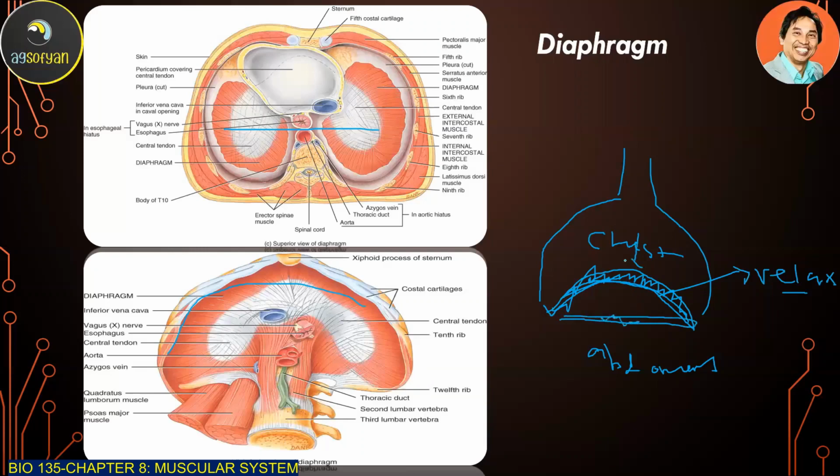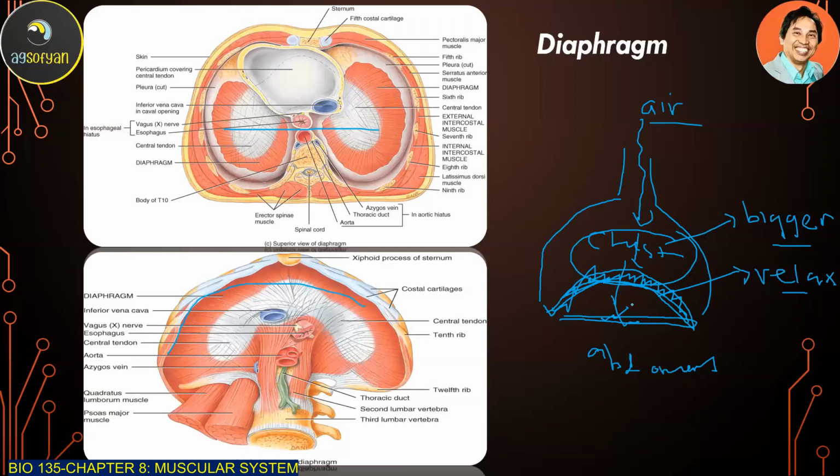Okay, so what happens if it is flat, then the chest area becomes bigger. Okay, when the chest is bigger, then the air will be entering into the lungs. Okay, this is how the diaphragm works.